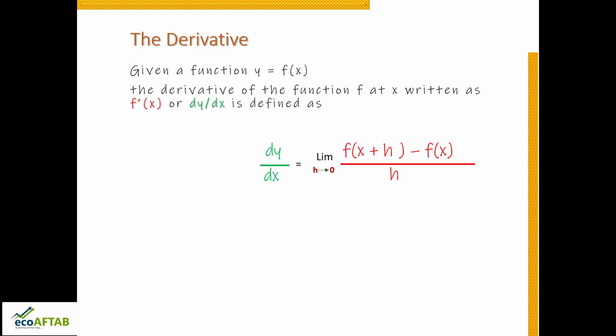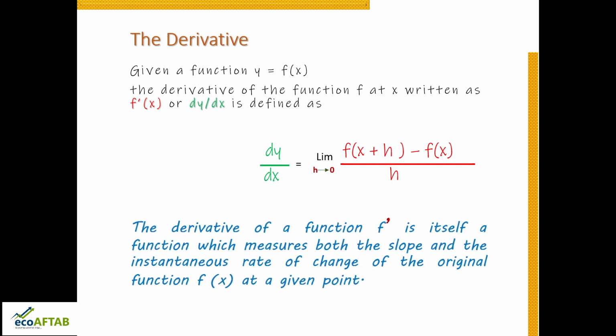So here what is h, friends? h is telling us how much the x has changed. That is, the magnitude of change in x is represented as h. So this is the basic formula for us to find the instantaneous rate of change.